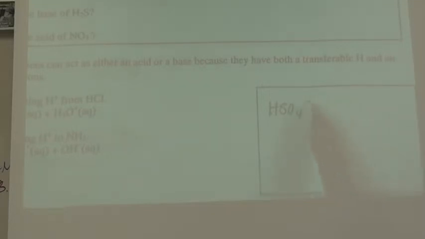It has a lone pair and it has a hydrogen ion. An acid that can donate a proton is called labile. Labile means that an acid can give off a proton.